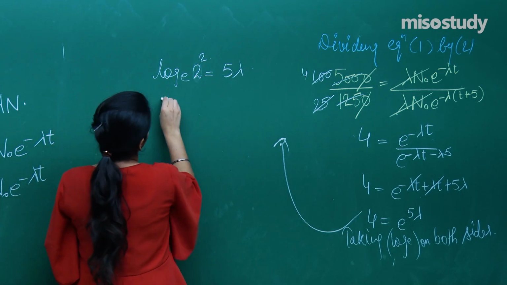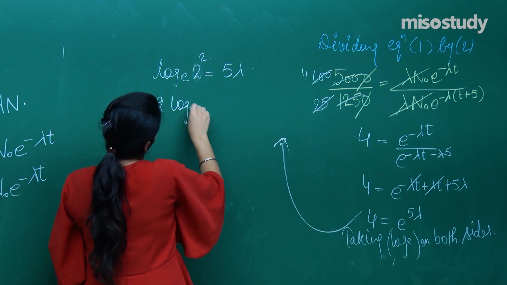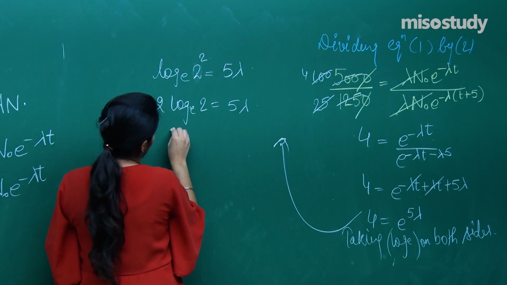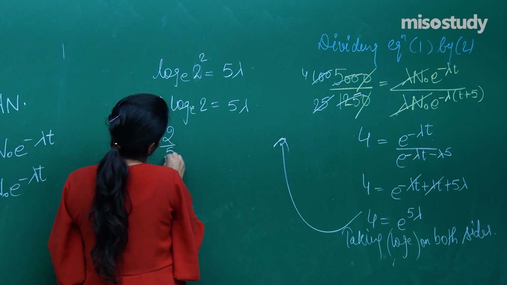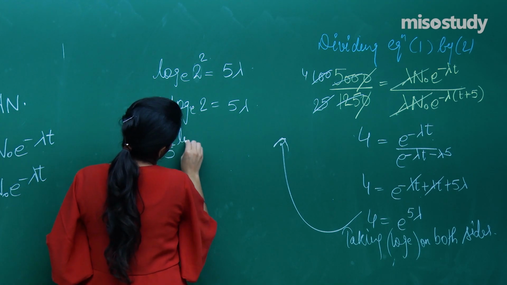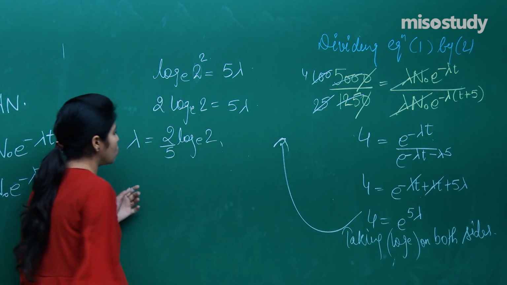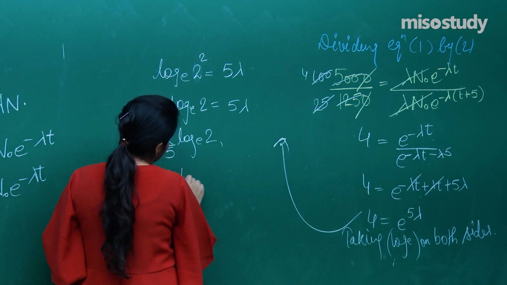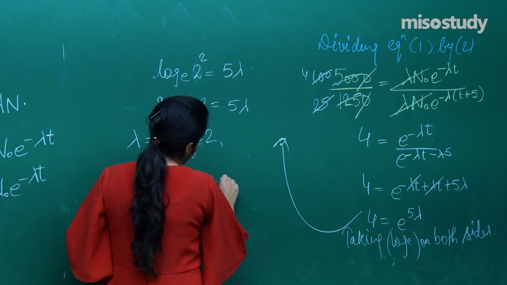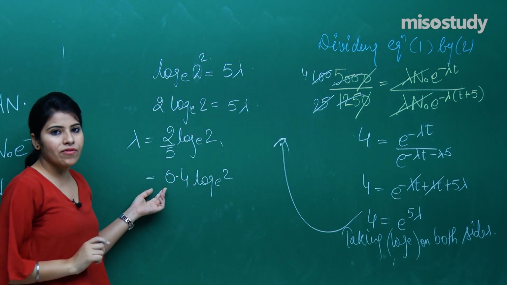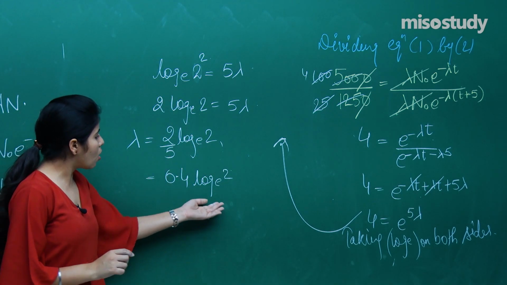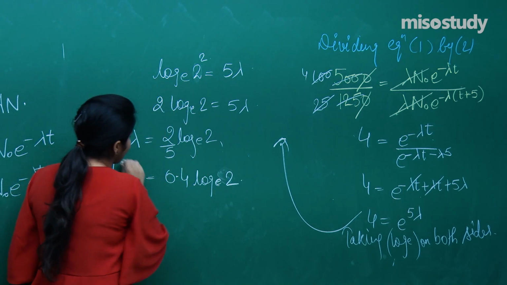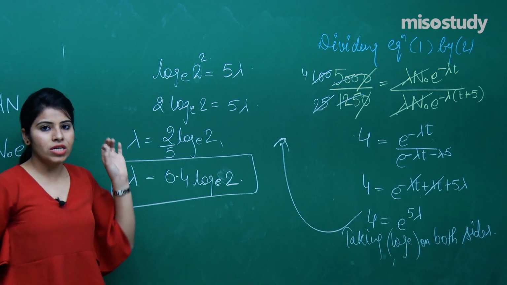Yeah, definitely. So then it will become 2 log e base 2 equals 5 lambda. From here you will have your lambda as 2 by 5 times log e base 2. Now if you divide this 2 by 5, you will have 0.4 log e base 2. This is your lambda that we have come to.